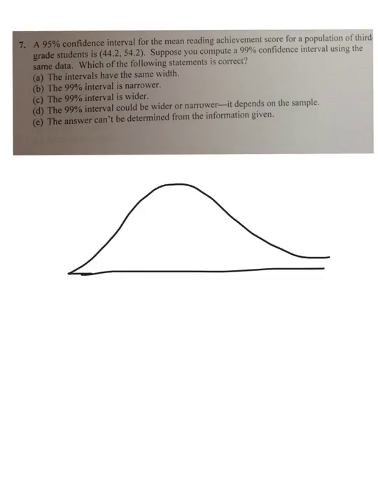So what we're looking at here is the difference between a 95% confidence interval and a 99% confidence interval. So if we draw a picture, and it kind of looks like this, we think that, well, let's see, our 95% confidence interval goes from 44.2 to 54.2. And we're 95% confident that the mean reading score is somewhere in between these two numbers.